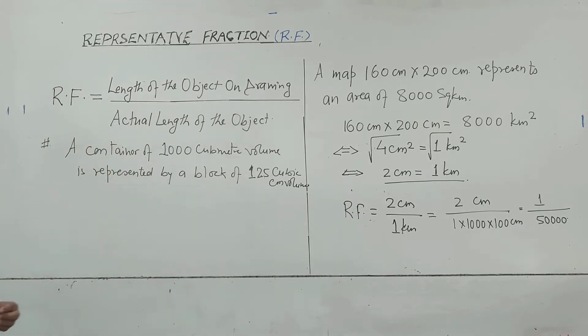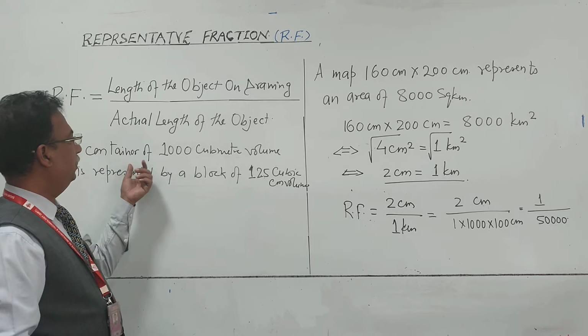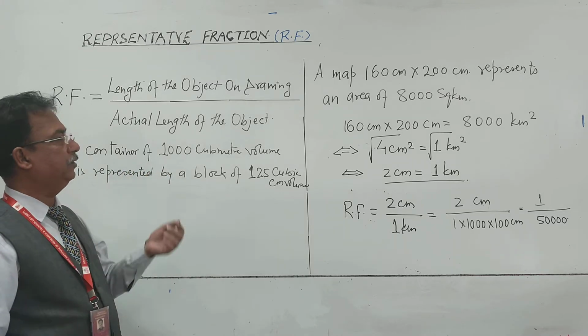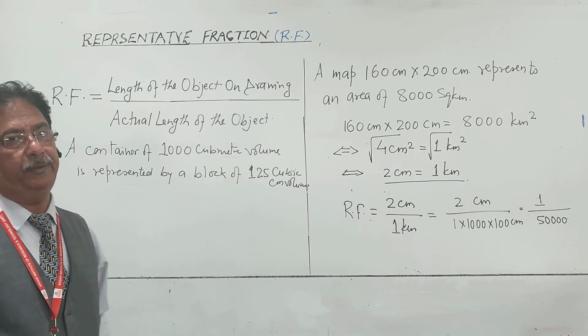Now look at this proportion. What they are saying is, in actual there will be a container of 1000 cubic meter volume. It is represented by a block of 125 cubic centimeter volume.